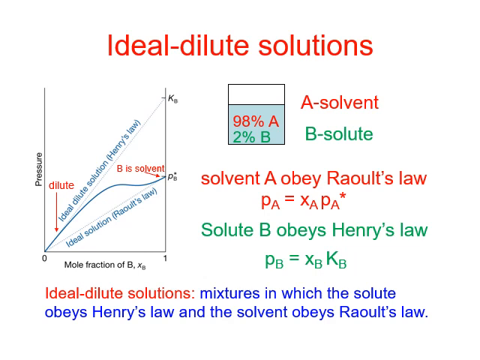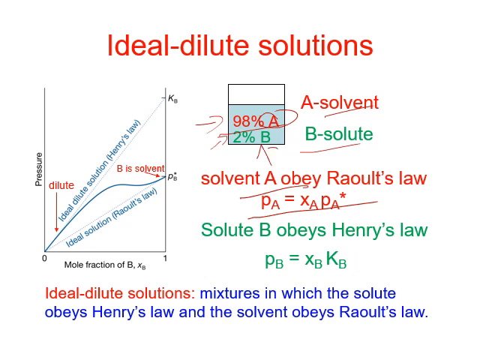In a solution of an A-B mixture, suppose A is 98% and B is 2%. The 98% A is called the solvent, and the 2% B is called the solute. For A, because it is so concentrated, the environment of each A molecule is very similar to pure liquid A, and therefore A usually obeys Raoult's law.